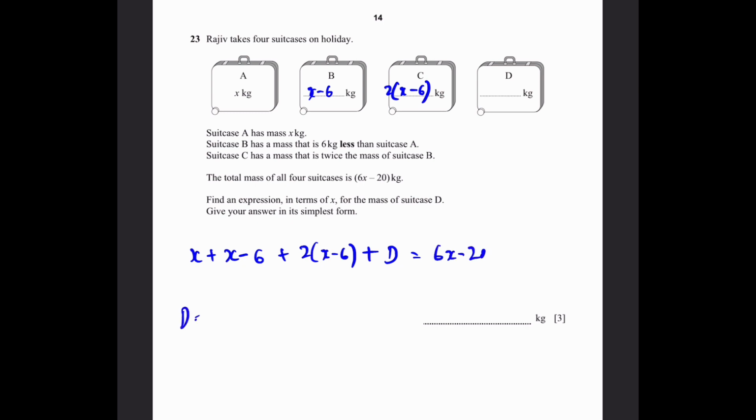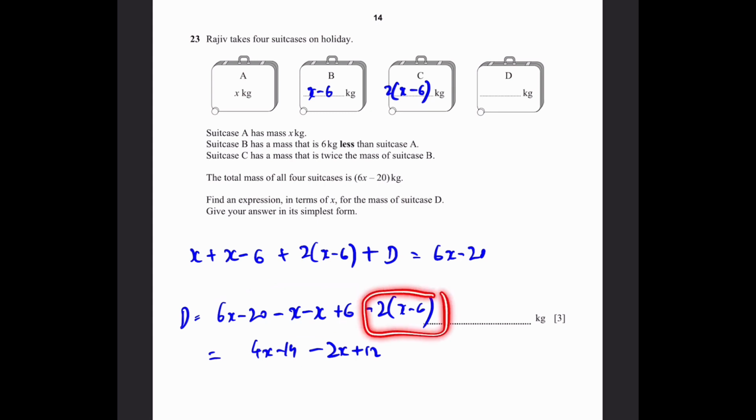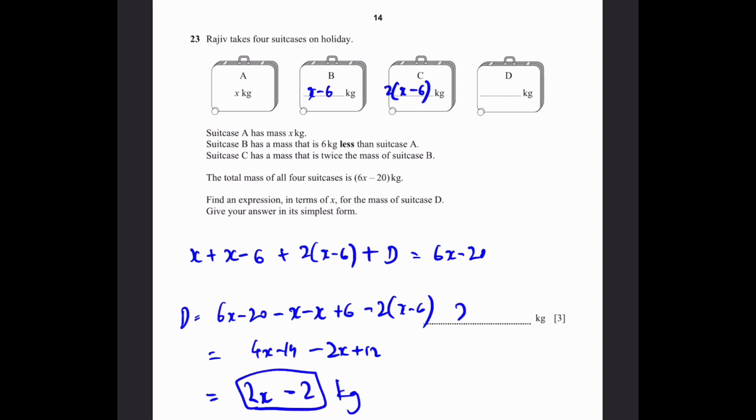Now D is going to be equal to 6x minus 20 minus x again plus 6 minus 2 times x minus 6. That will be 4x minus 14 minus 2x plus 12. This whole thing here is 4x minus 14. And this over here is minus 2x plus 12. So we've done that. And 2x minus 2 is the correct answer in kilograms.